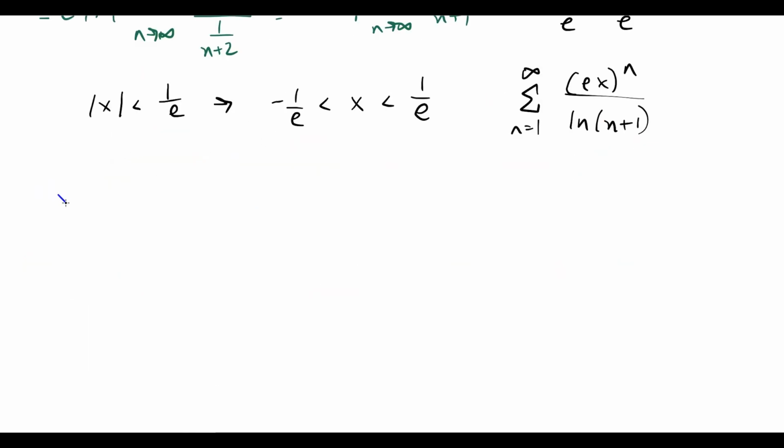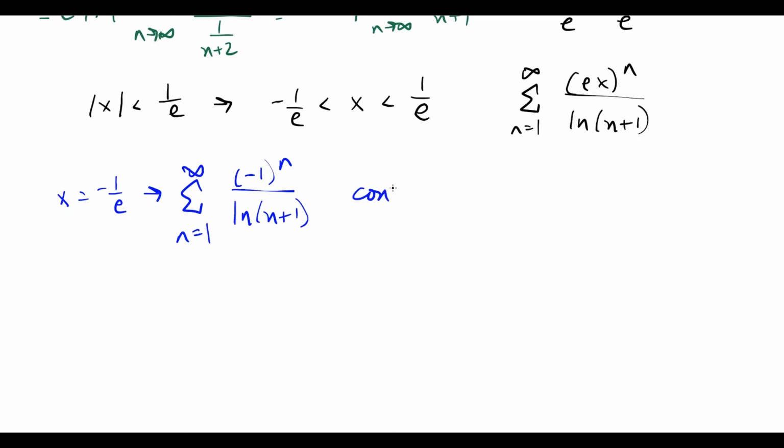So let's check out the first endpoint, x equals negative 1 over e. If we plug this into our original series, we're going to have the series from n equals 1 to infinity. And if we do e times negative 1 over e, that's going to give us negative 1 to the n power on top, and we'll have natural log of n plus 1 on bottom. Now, my thought process here, right away, I'm going to say that this series converges by the alternating series test, which we're going to abbreviate with AST here.